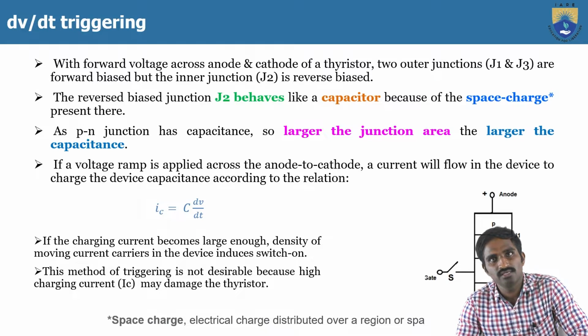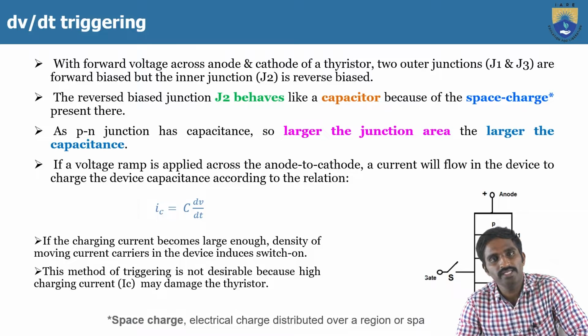As a PN junction has a capacitance, the larger the junction area, the larger the capacitance, since C is directly proportional to the cross-sectional area. So the capacitance of that particular capacitor will increase with a larger junction area.